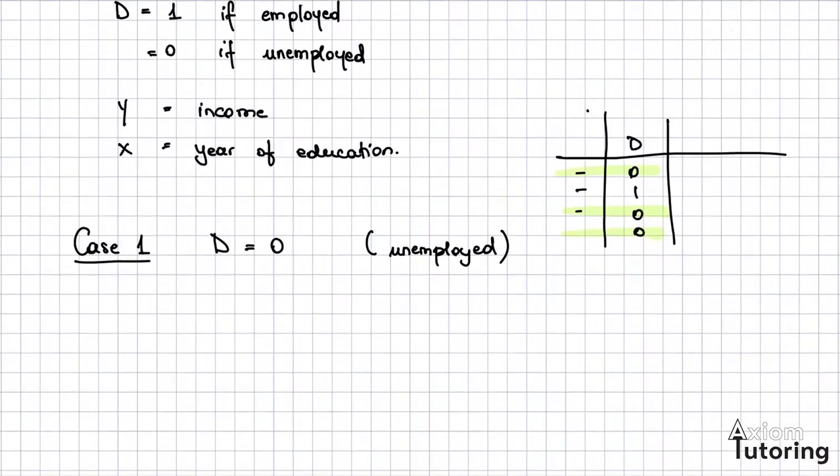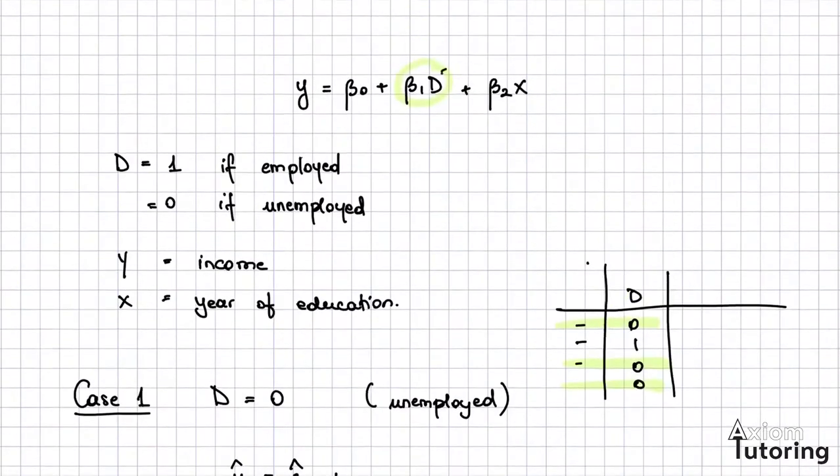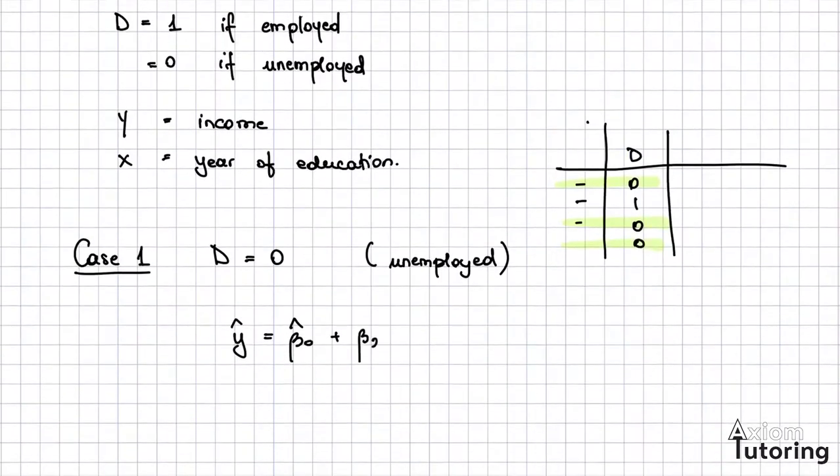So how does the regression line present? It's going to be y hat equal to beta 0 plus, because we have substituted the d with a 0, this beta 1 times d technically disappears from our regression, and we're left only with beta 2 x. Okay?